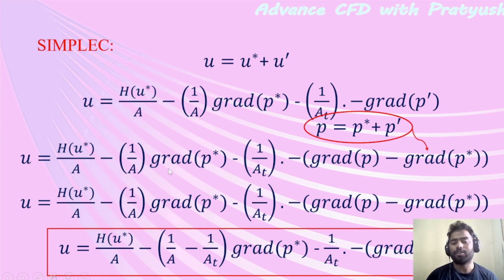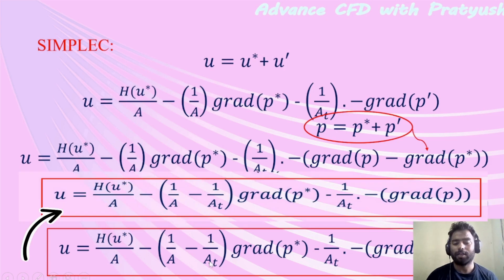Further, if you rearrange this complete equation, the last equation will be written in the same form. That is, U equal to H U star upon A minus 1 upon AT into grad P star minus 1 upon AT into minus grad P. So this is the complete equation for the velocity corrector. That is the difference between SIMPLE and SIMPLEC.